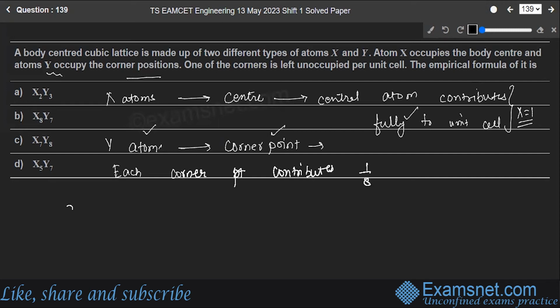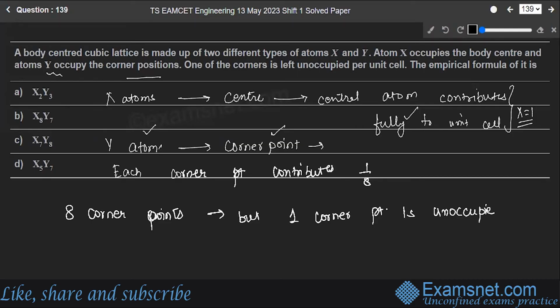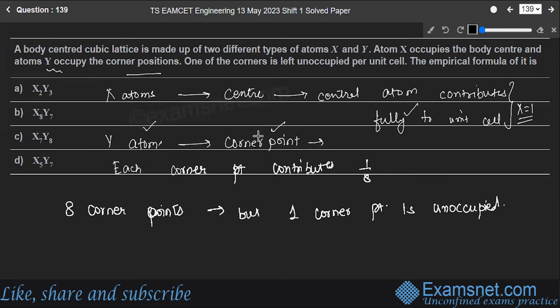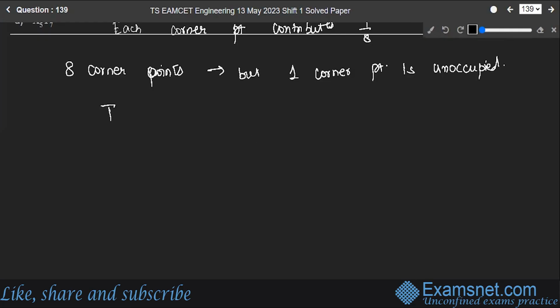So if there are 8 corner points, but in the question, 1 corner point is unoccupied. So how many total corner points are used? Total used corner points are 7.